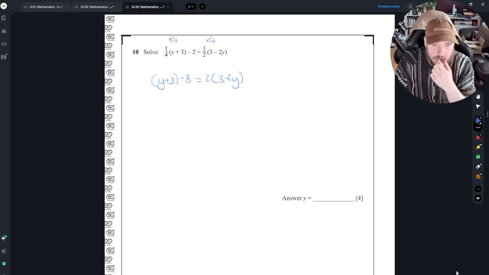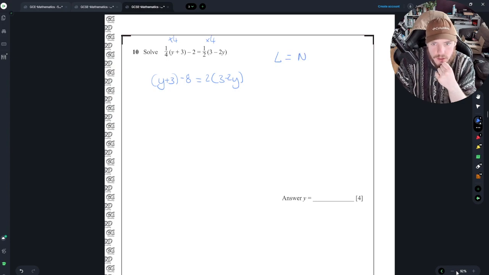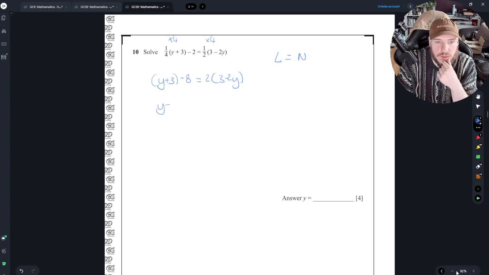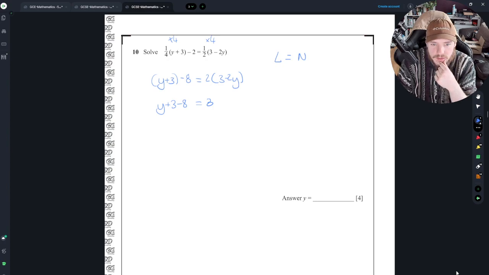Generally when we're solving algebraic equations, we want letters on one side, numbers on the other. So let's expand. y plus 3 minus 8 is equal to, I'm just going to multiply through, 2 multiplied by 3, 6. 2 multiplied by minus 2y is minus 4y.